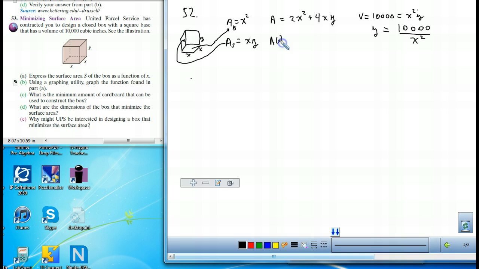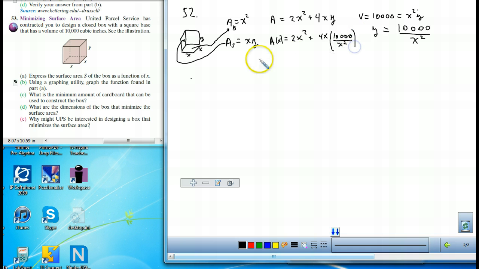So finally I can write a function totally of x. The total surface area of the box, strictly as a function of x. Let's clean that up a little bit. Okay, so the area, just as a function of x, is 2x squared plus 4x times 10,000 over x squared.